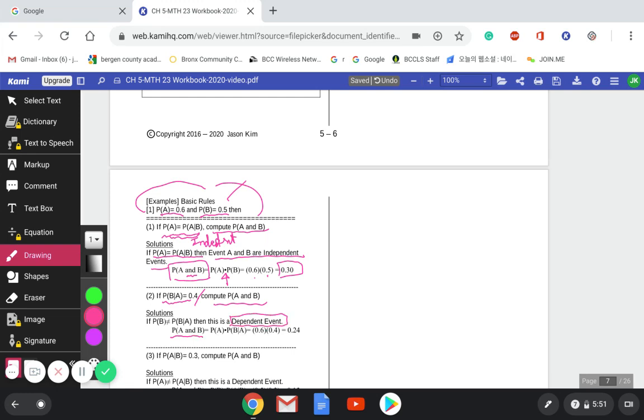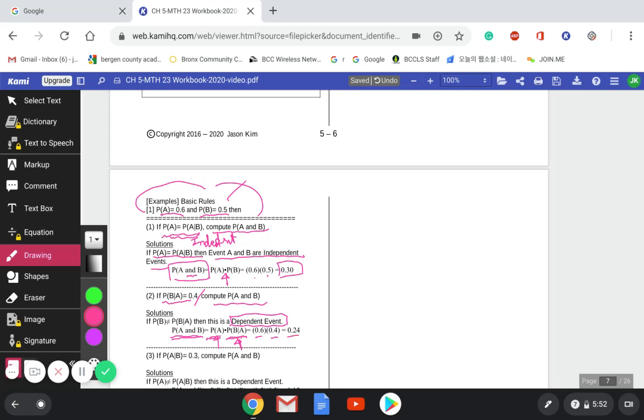To find probability of A and B, you multiply probability of A times probability of B given A, because A was given first. Since you are using B given A, the first event has to be probability of A. Then you multiply 0.6 times 0.4, which is 0.24.